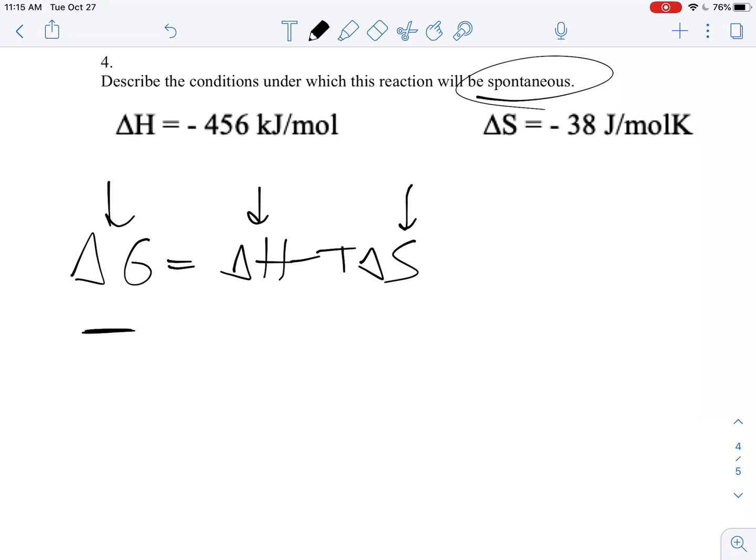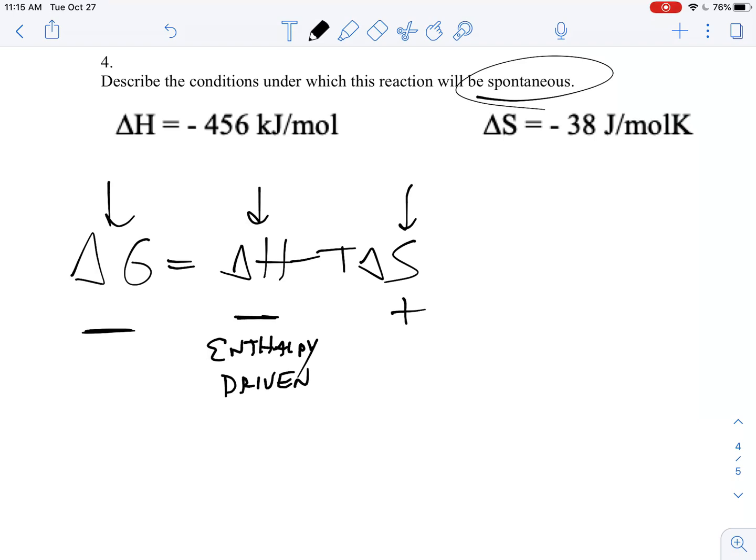Well, this guy is going to be negative, obviously, if the delta H is negative. That helps the process. And again, if the delta H is negative, then it is considered to be enthalpy driven, right? And this guy will also end up being negative if this guy is positive, right?